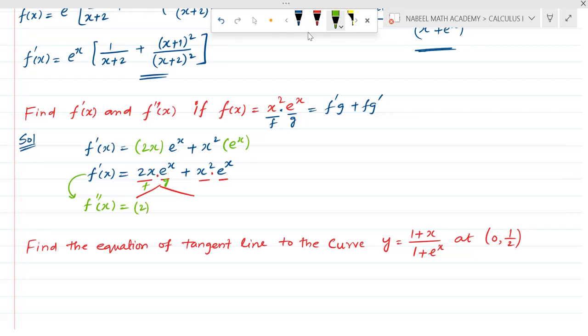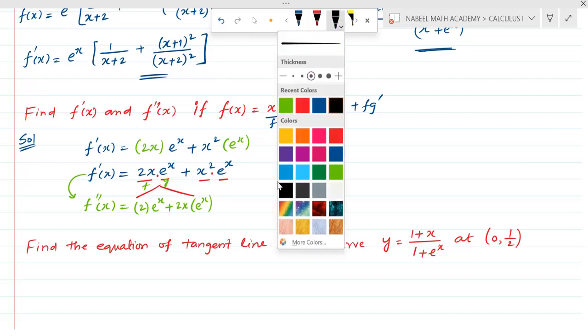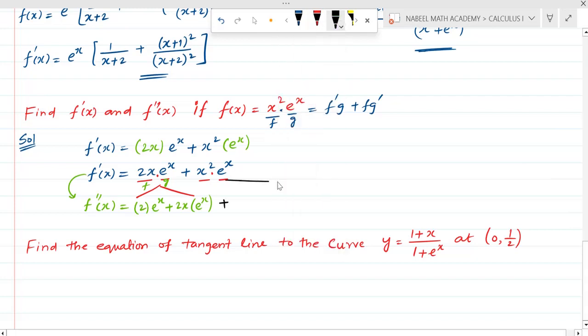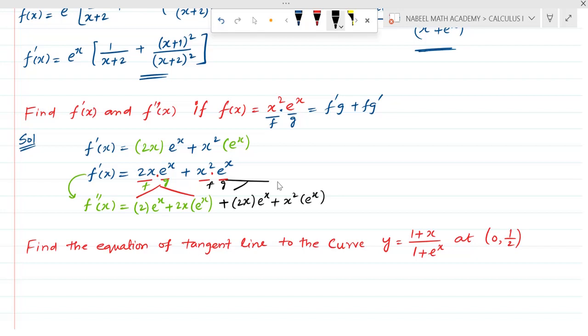It is 2, and this is fixed, plus 2x is fixed, e power x. This is done, the product rule for the first term. What about the next term? Here we have a next term, plus, this is f, this is g. So what is this one here? 2x e power x fixed plus x square fixed e power x.